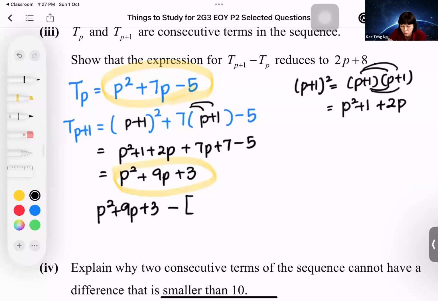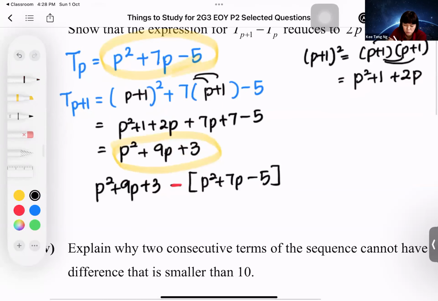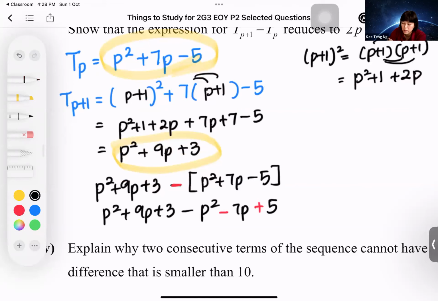Minus the whole of p squared, 7p, and 5. So remember to minus, change the sign inside. So in this case, we get p squared, 9p, 3, minus p squared, minus 7p, plus 5. Right? And we'll get our answer, simplify.